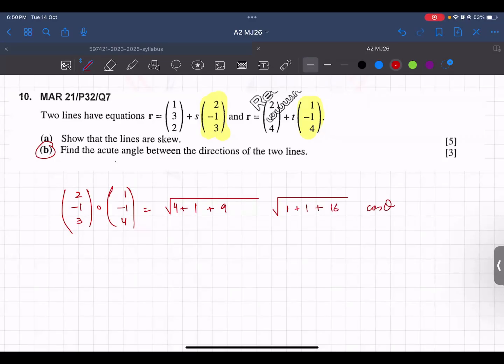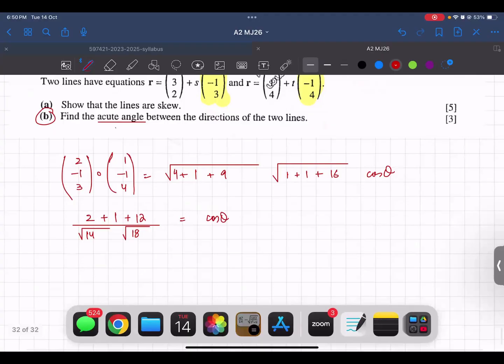And look, they're asking you to find the acute angle. So let's see if it is coming out as acute or not. For the dot product, 2 times 1 plus minus 1 times minus 1 is 1 plus 12, upon everything on the right side, the square roots, they will go over there and divide. So this is 14 and square root 18.